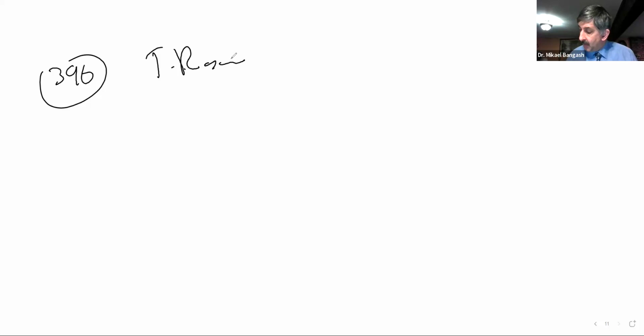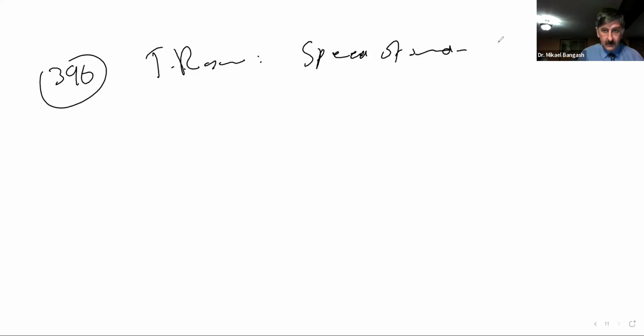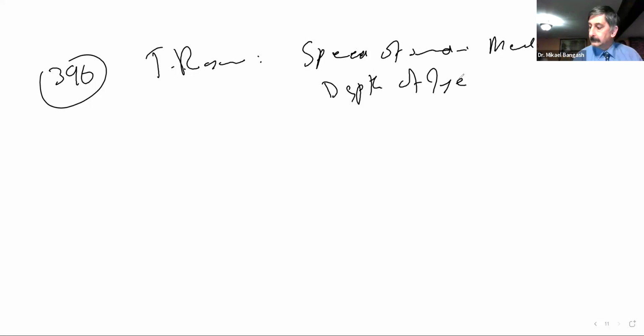Focal zones and sector depth. Propagation speed and frame rate. Clear? We just had this question earlier. The answer is the speed of sound in the medium and the depth of image, or what you could call depth of view.